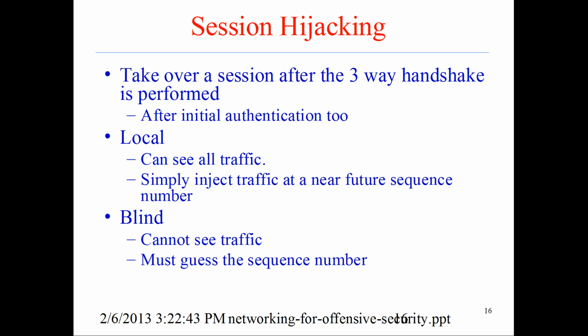And if you can see all the traffic, you can simply inject anything you want at a very near future sequence number. Originally, sequence numbers were incremented predictably, usually by 1.